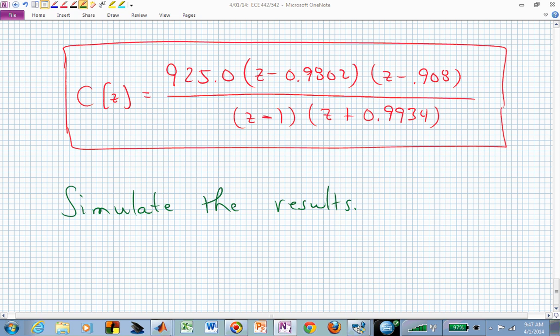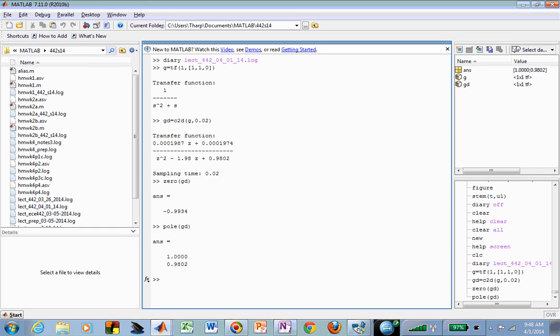So moving into MATLAB, we now have our plant. We now need to introduce the controller, which is also a discrete time transfer function. It's now 92.5 times, and now I don't want to just try to multiply those two factors in the numerator manually. I'll just use the convolve function in MATLAB, and that will do it for me.